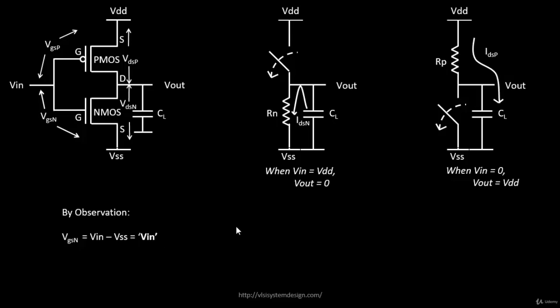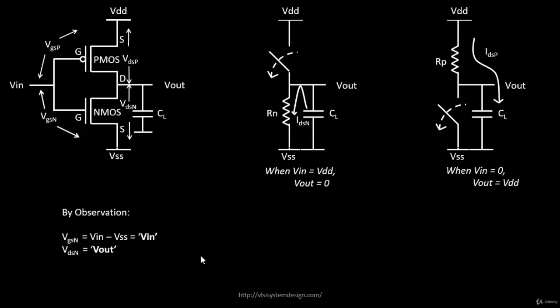That's one very important observation. The second one, your VDSN, again we are just restricting ourselves to the NMOS discussion over here. Your VDSN, from this point to this point, is just plain V out. Things are still simple because we are in the NMOS region, whose one of the terminals is connected to ground.